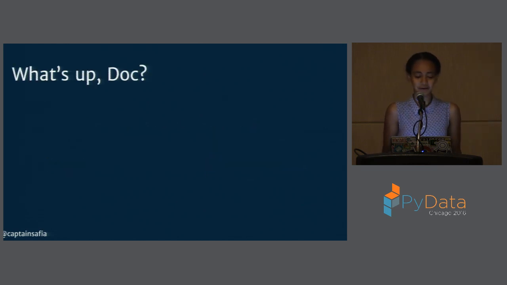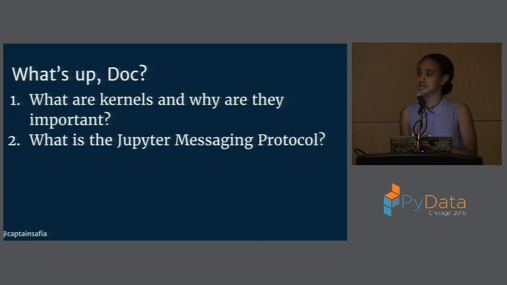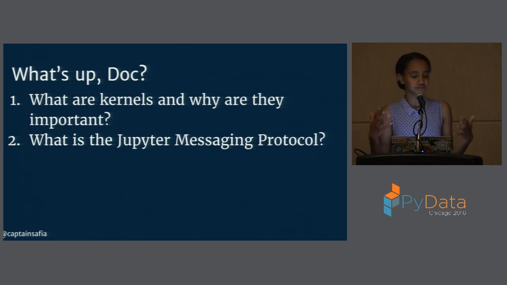We're going to be talking about a couple of things today, and I just want to give you a rundown of what you're getting yourself into over the next 45 minutes. So we're going to start off by talking about what kernels are and why they're important in the Jupyter ecosystem. And then once we've established understanding of that, we're going to talk about the Jupyter messaging protocol, which makes messaging possible and is really the crux of these kernels.